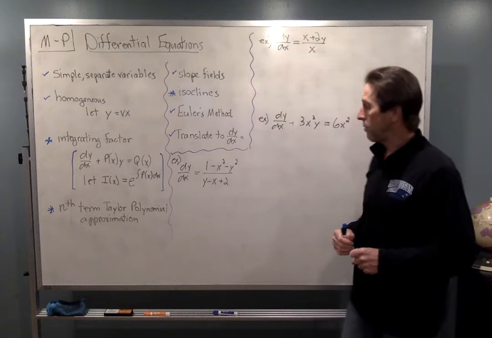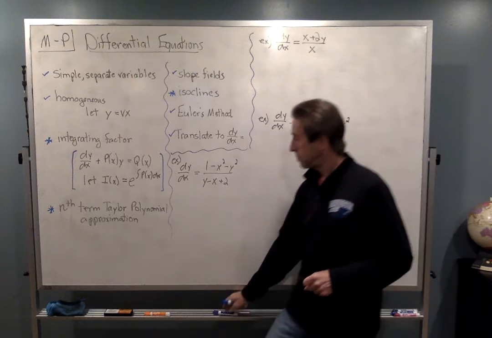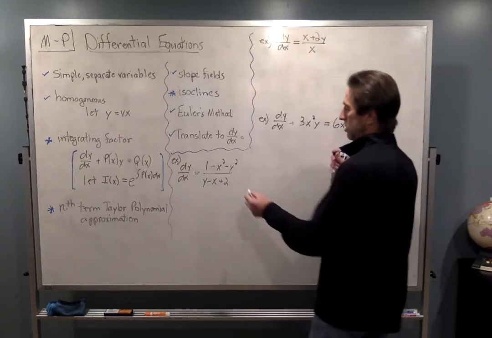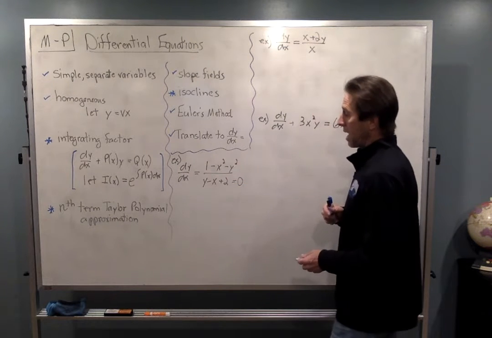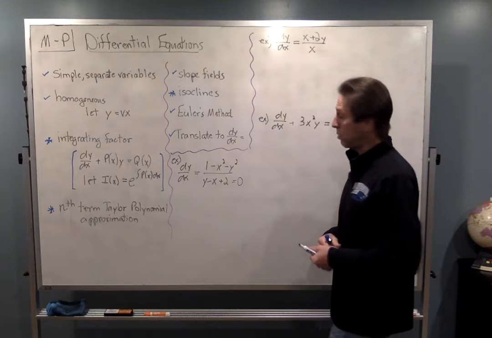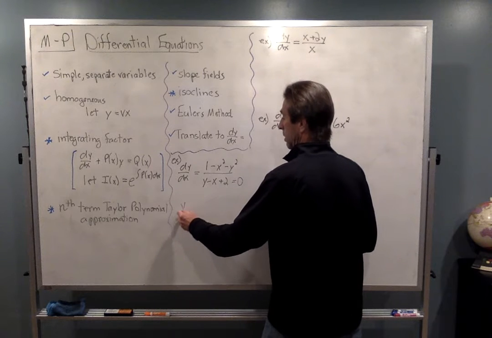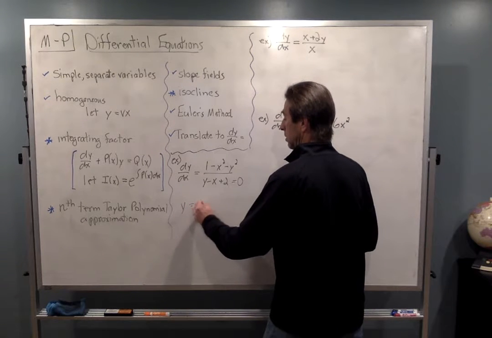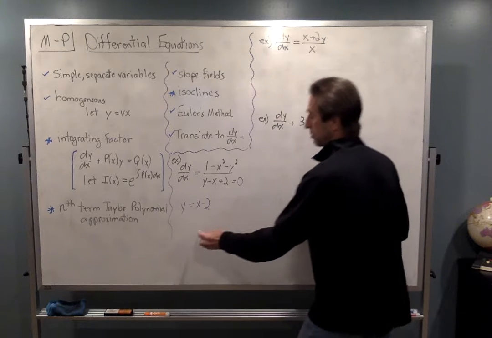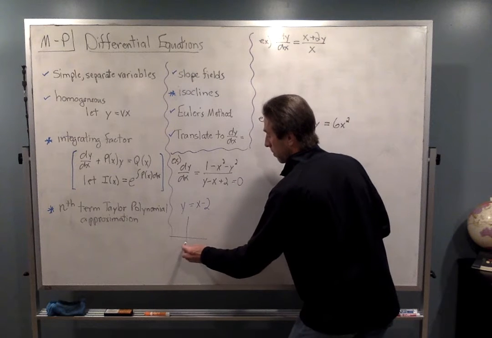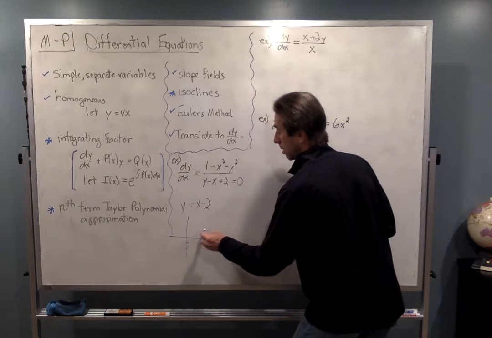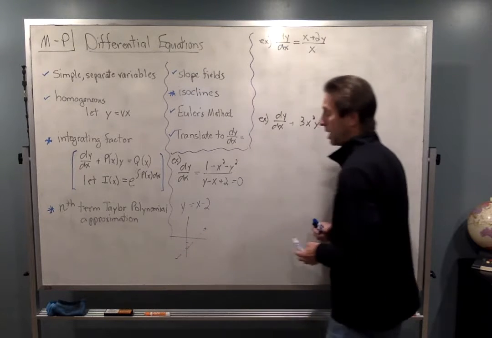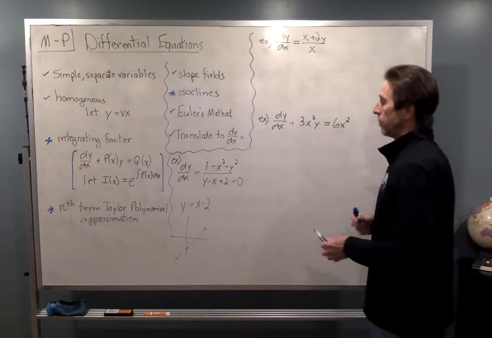As a quick example of that, if we look at this one, we notice, for example, that this derivative does not exist when the denominator is 0, which leads to y equals x minus 2. So for the line y equals x minus 2, all of these points would share the solution here.